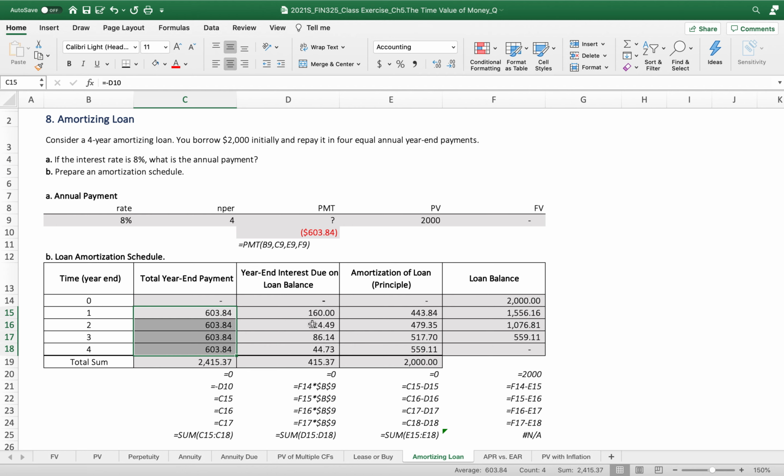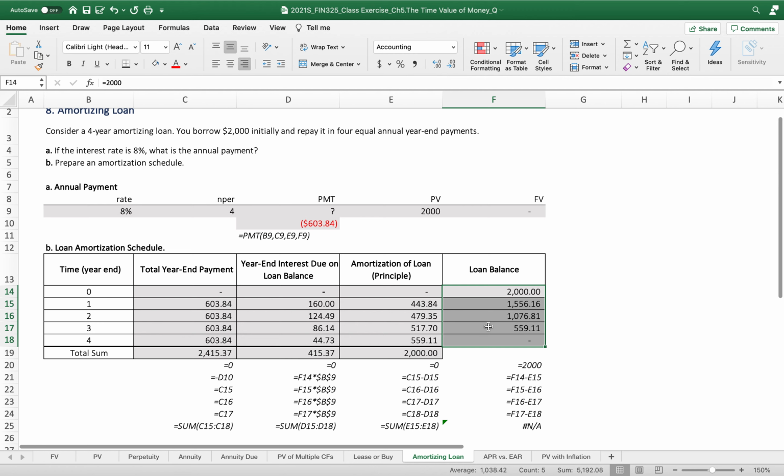It is comprised of these two parts, interest and principal, so that you can identify the actual loan balance remaining every year or every month once you have paid. We can definitely apply this to a mortgage practice later.